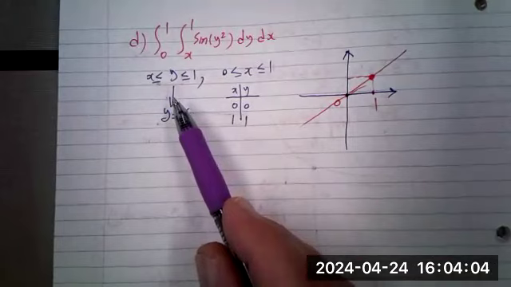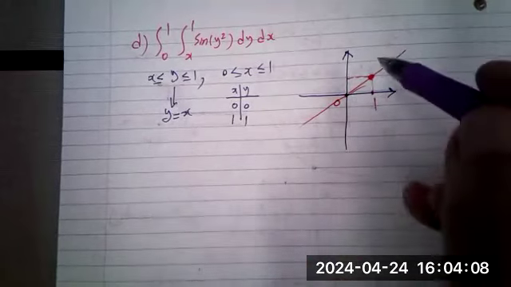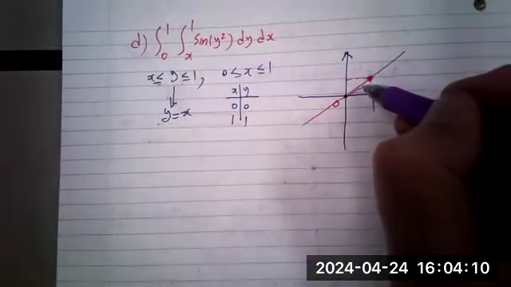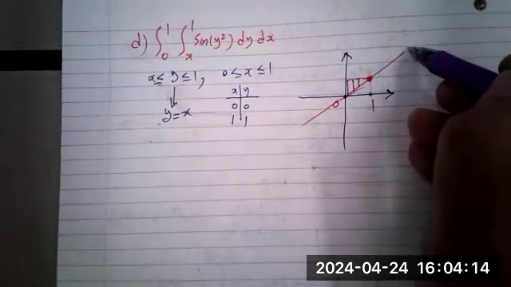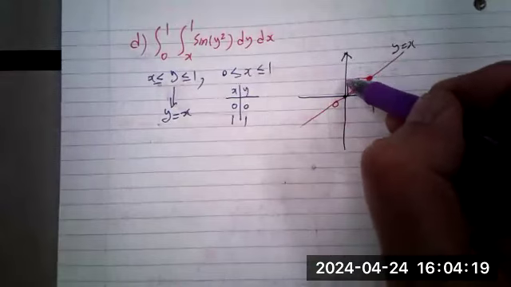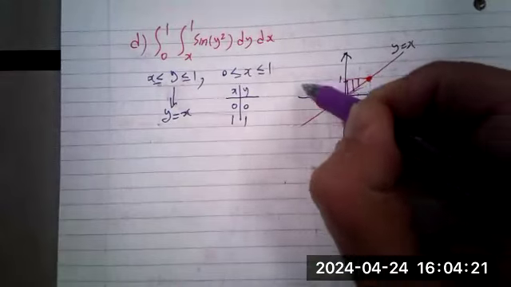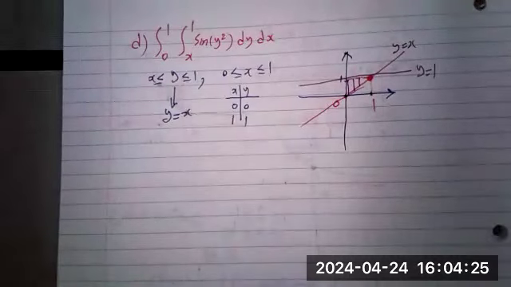We get this part. Up, down, up, down, because the down is y equal to x, and the up is y equal to 1. This is y equal to 1.